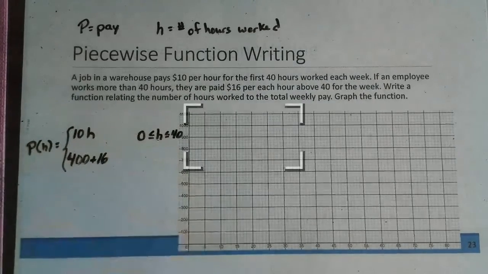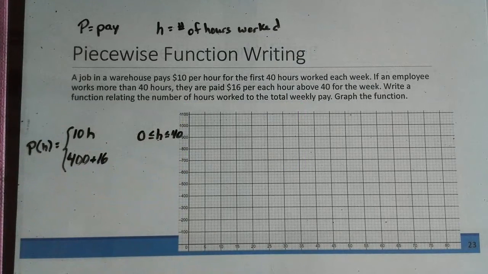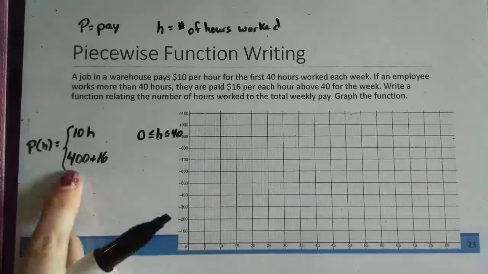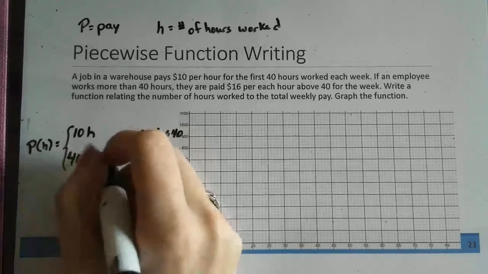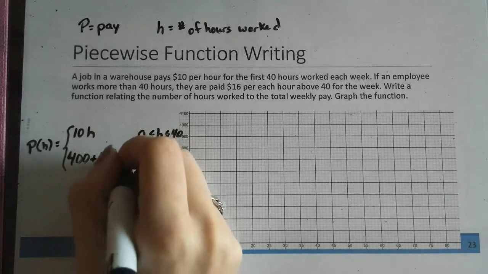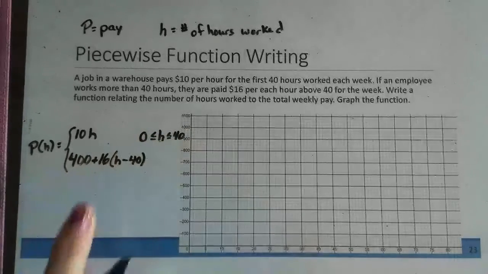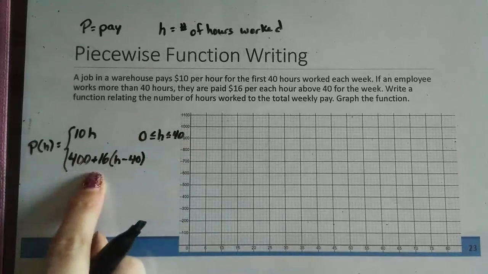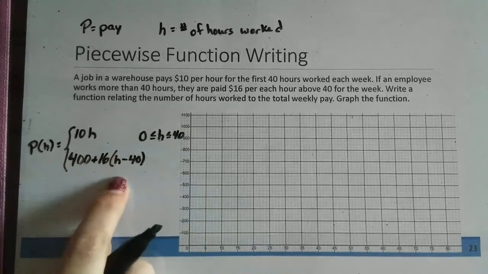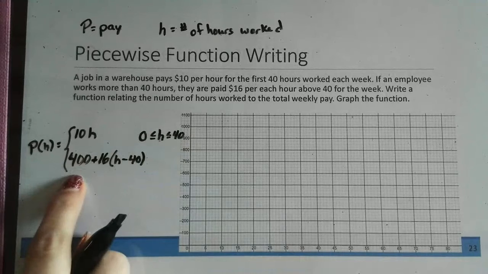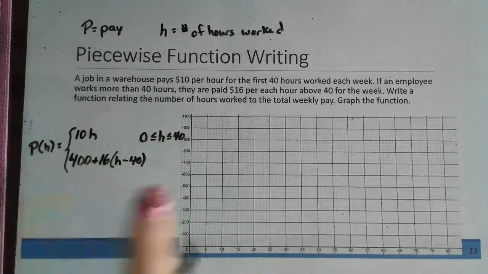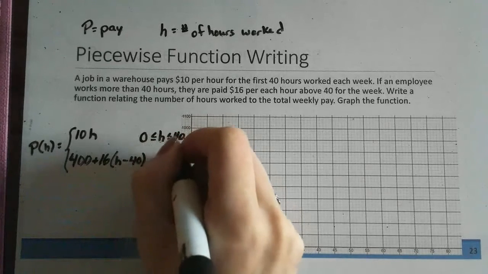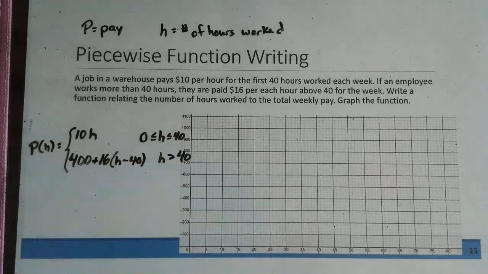Plus, we get $16 per additional hour. But I need to somehow tell this function that the first 40 hours don't count. I already have accounted for those. I need to only count the ones above 40. So if I take my hours worked and subtract 40, I'm going to multiply that by 16 to figure out how much of that overtime pay I get, and that will be added to my 400 original dollars from the first 40 hours. This formula is going to be true if our hours worked is greater than 40.